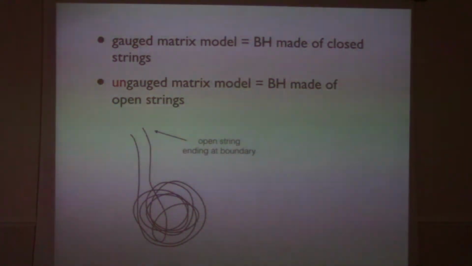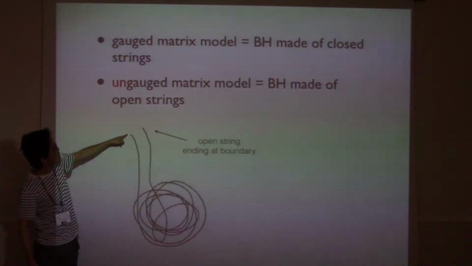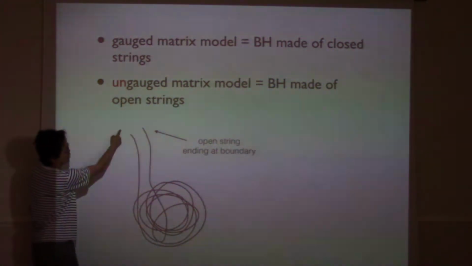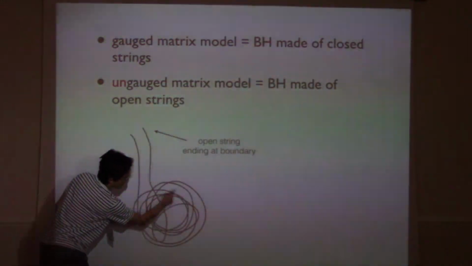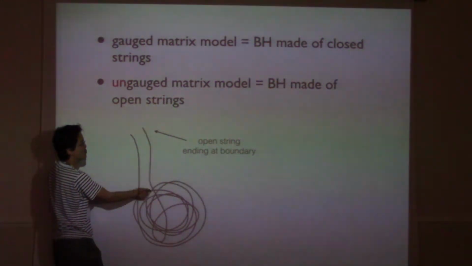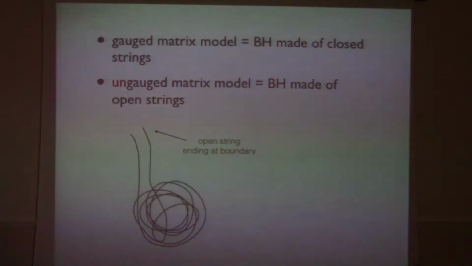So what Fuan recently suggested is that, imagine the open string is attached to some boundary. Then the open string comes from the boundary, and in the bulk it makes something like a black hole, and the open string goes back to the boundary. Suppose this is the dual gravity picture, or dual string theory picture.